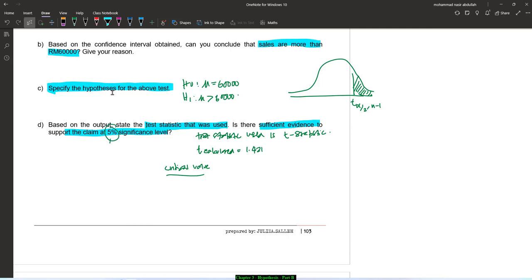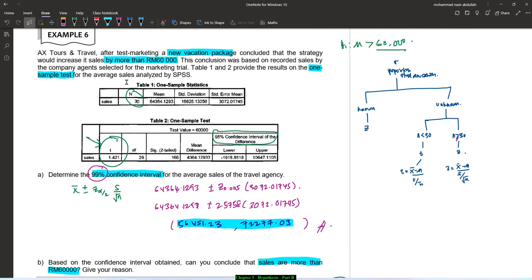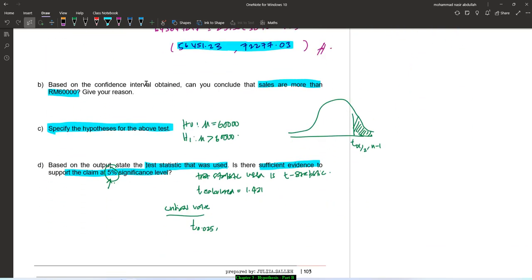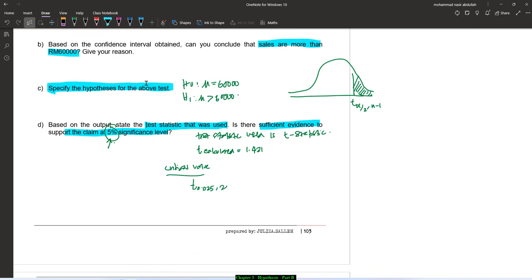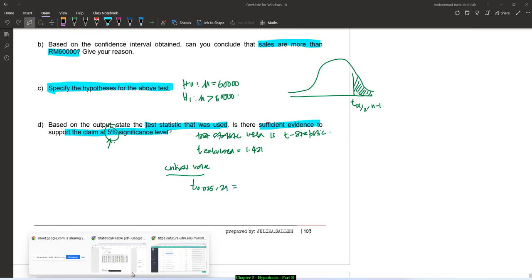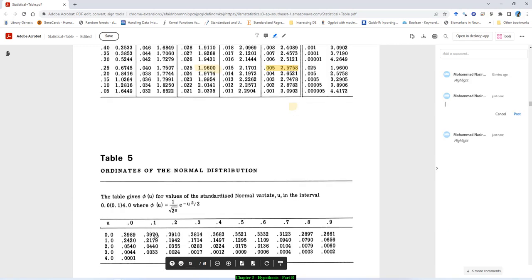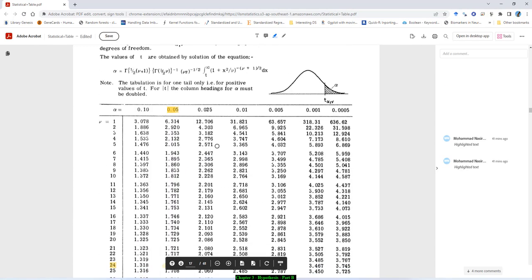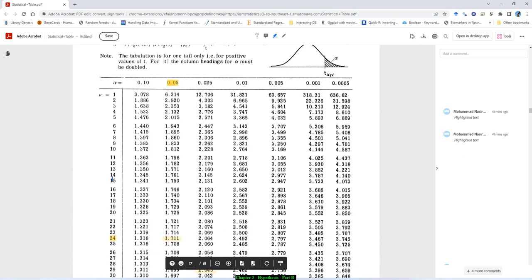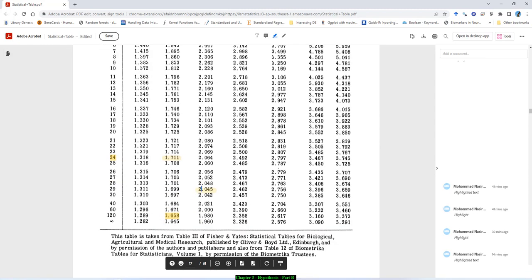We are looking at the 5% level, so t 0.025, 0.05 divided by 2. n is equal to 30, degree of freedom is equal to 29. So look at the statistical table, table number 7. 0.025, 29 should be somewhere here lah.